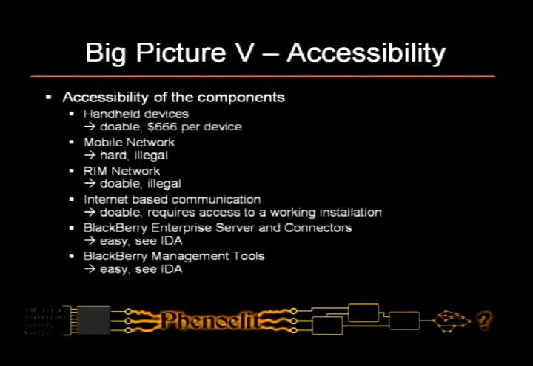RIM network, I would say fairly doable compared to a GSM network, but still fairly illegal. Internet-based communication, well, doable. The only thing you need is a working installation. Very important. You need a working enterprise server installation talking to RIM. Blackberry Enterprise Server, well, pretty easy. See our lady IDA. Same for the management tools.